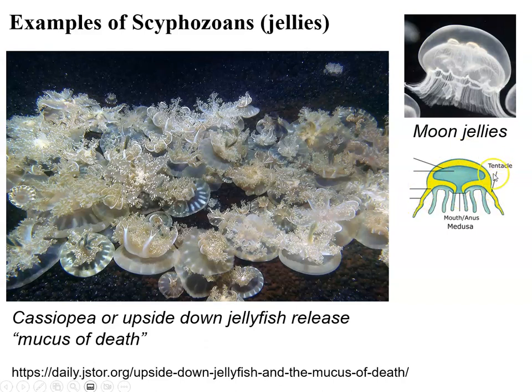So the dorsal side is like the dome, tentacles, mouth, and anus are on the ventral side. This state is called the Medusa state for a jellyfish. And that doesn't just apply to moon jellies. Any jelly that has this general body plan is referred to as the Medusa state for that jellyfish.